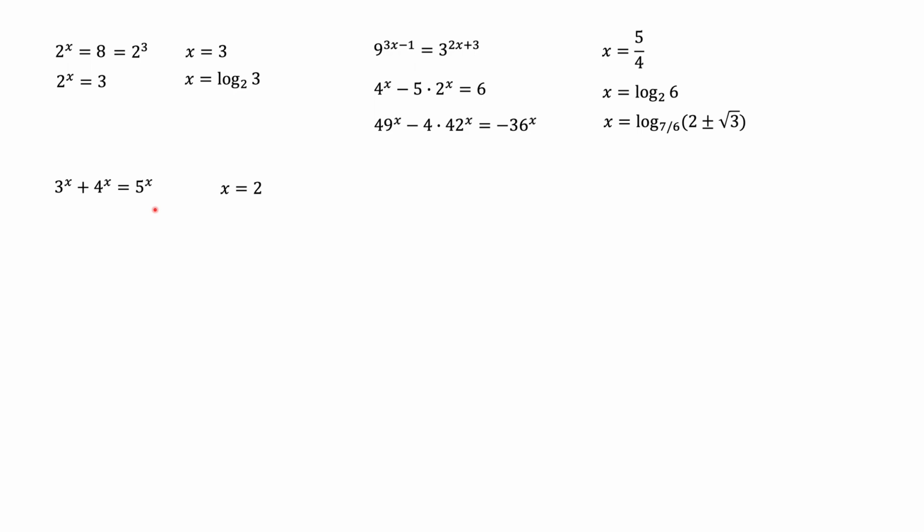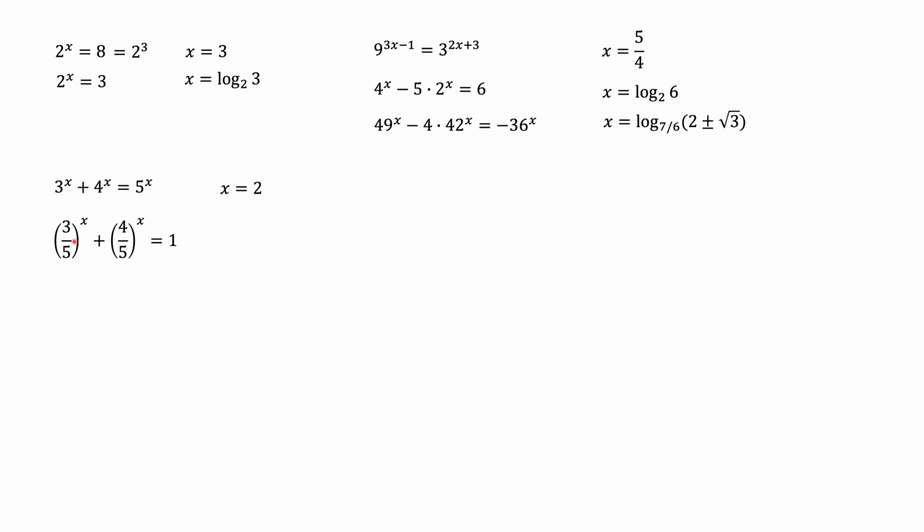If, let's say, the left-hand side was monotonically increasing and the right-hand side was monotonically decreasing, that would be a different story. But that's not our case. So we need to manipulate this equation. And the manipulation is to divide both parts of this equation by the right-hand side, by 5^x. If you do this, this is what you're going to get.